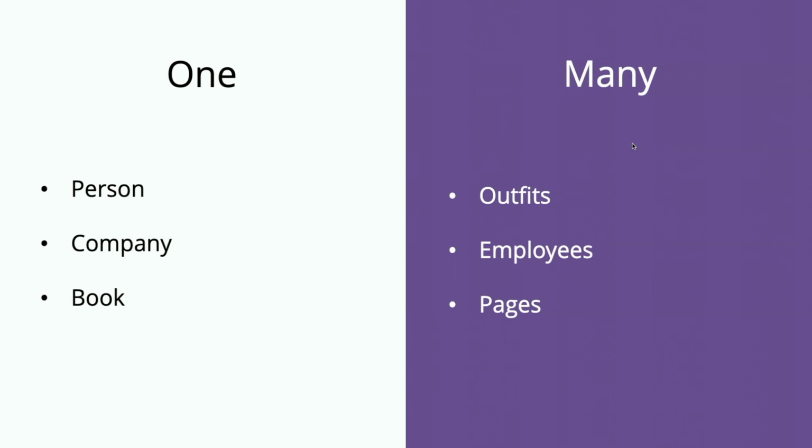When you're trying to figure out what kind of relationship two entities need to have in your application, it is not enough to just read it one way. You also have to read it back the other way, and that is the best way to test if you have found the right relationship. That's why I always say one book has many pages and each page has one book. It has to make sense both ways, or you have chosen the wrong kind of relationship.